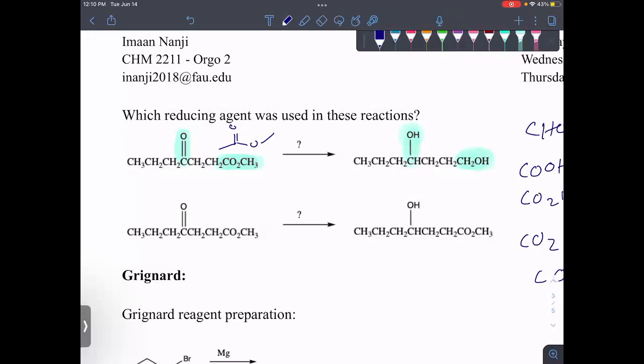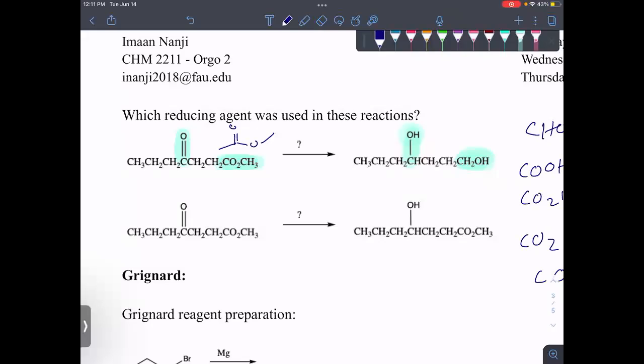Yes, one of them is a secondary alcohol. That is true. Well, what does that tell you about what reagent we used? Yeah, okay.